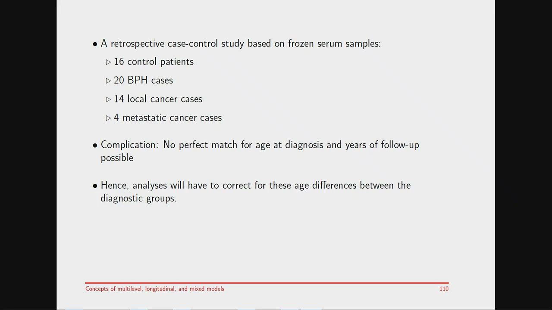So if you study PSA and you want to compare PSA between these 4 groups, if any differences are observed, you want to make sure that these differences are not just purely age effects. So they wanted to get these 4 groups as close as possible in their age distribution, and unfortunately, that was not possible. And this is very bad news for all the males in this room.